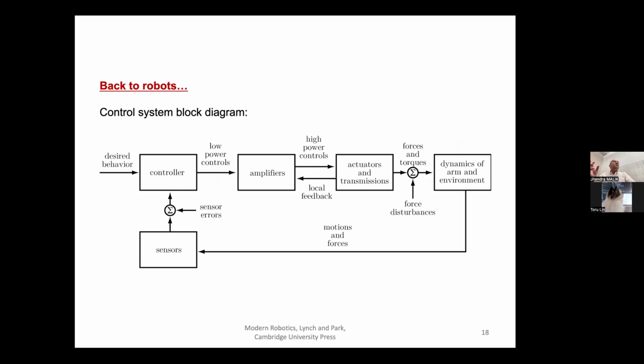These might refer to some electrical motors. Then the motor will produce a torque. There's the dynamics of the arm and environment. Then you measure something. It all seems reasonable. All these diagrams with boxes and arrows, they all kind of make sense, and so does this one.